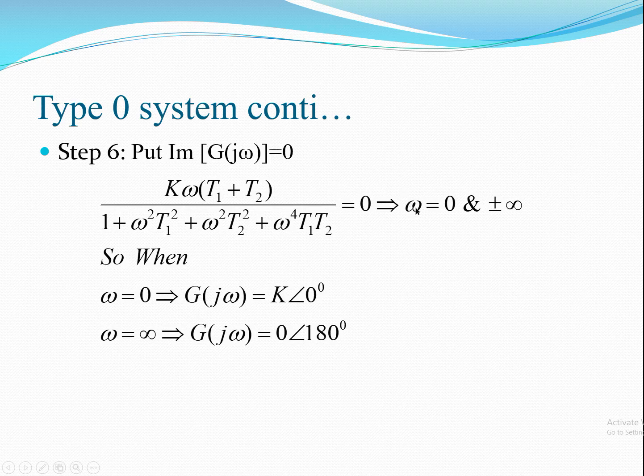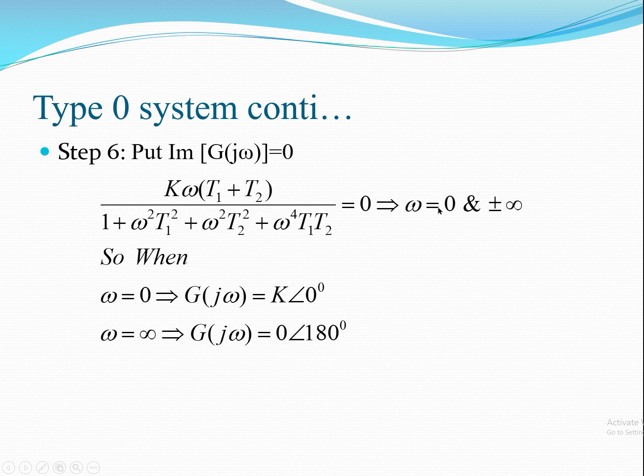So either omega equal to 0, or if I am putting infinity over here, something divided by infinity is nothing but 0. Okay, so there will be two possibilities, either plus or minus infinity because it is a square term.